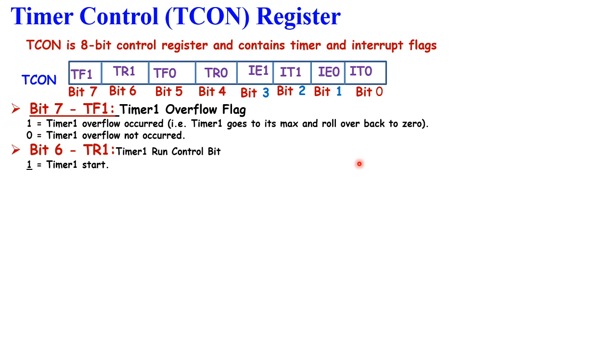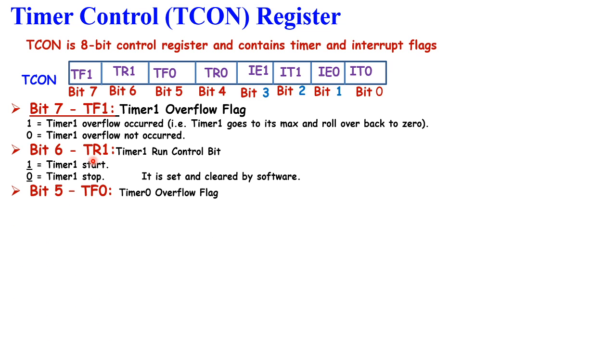Bit 6 is TR1, the timer run control bit. To start timer 1, this bit should be 1, and to stop the timer, this TR1 bit should be 0. TF0 is the timer 0 overflow flag.